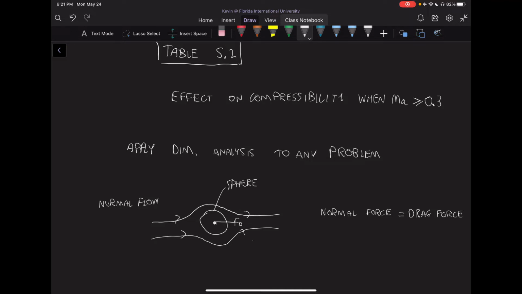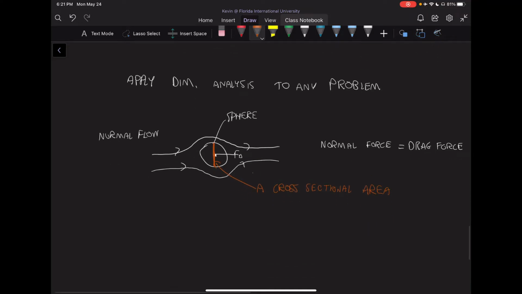And we also know that the sphere, and I'm going to draw it in orange here, has a cross-sectional area.